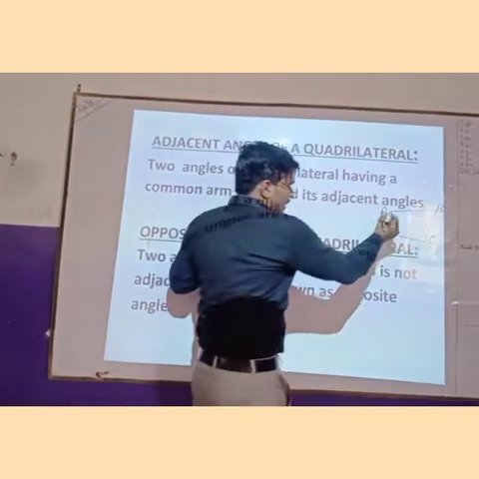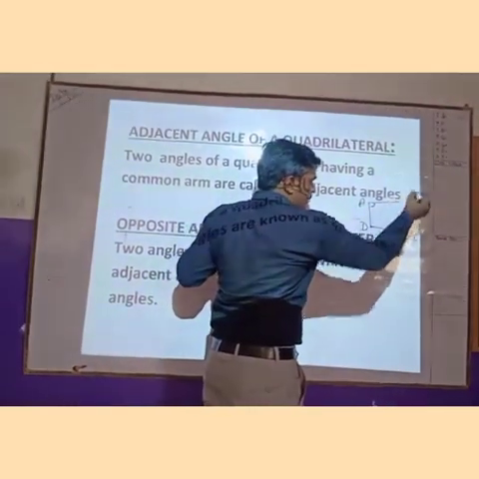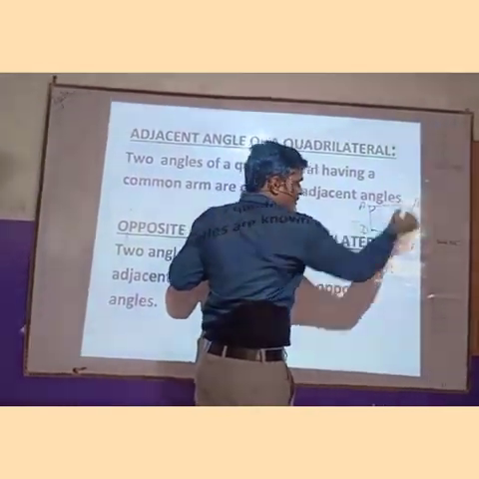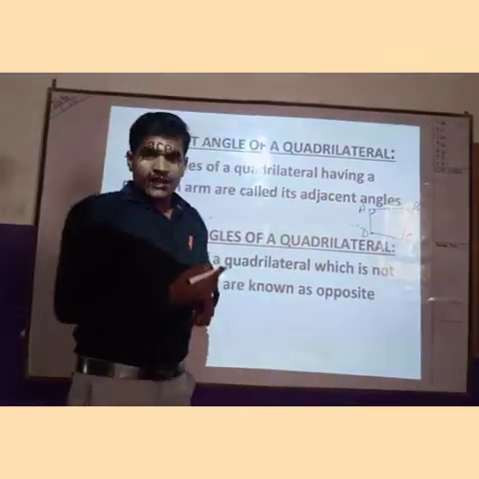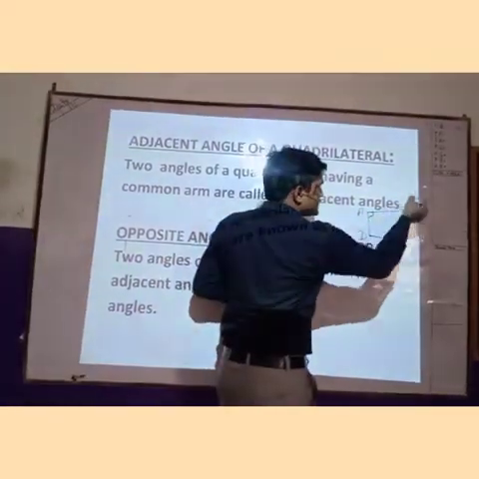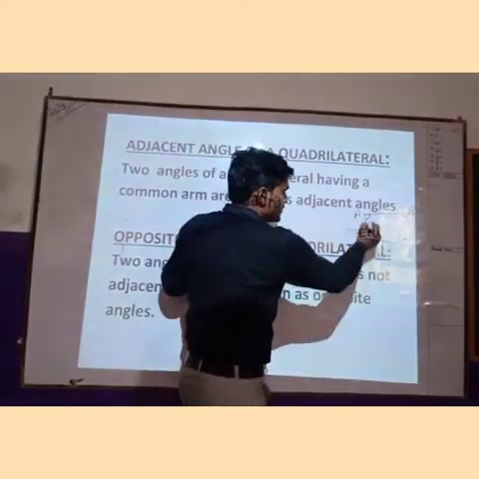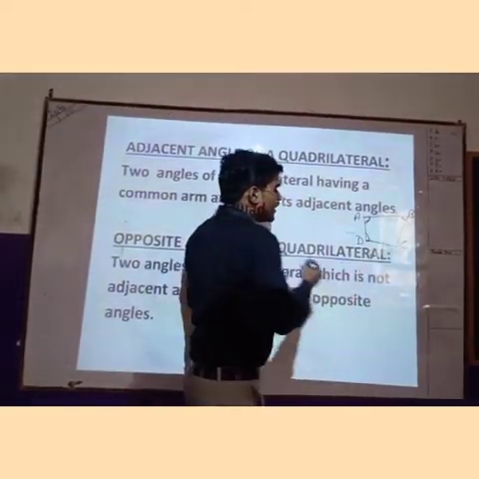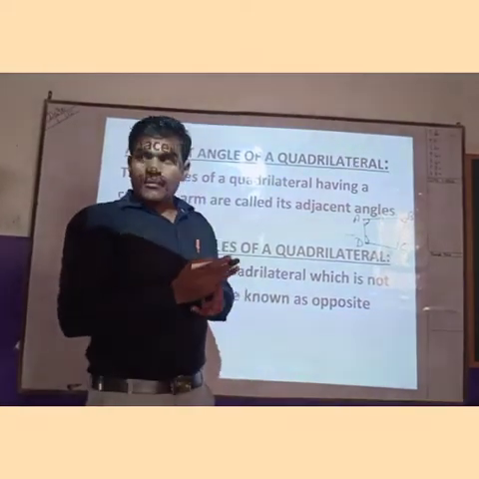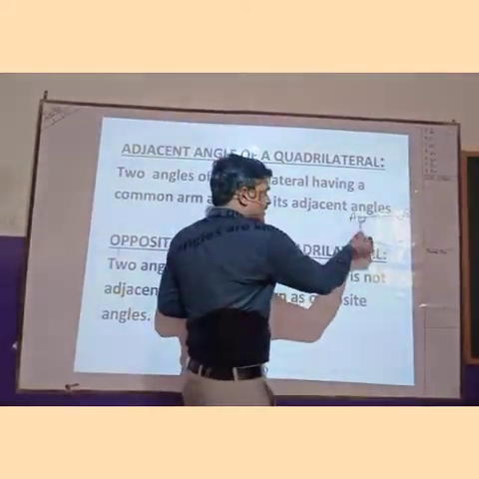So children, angle A and angle B are both adjacent angles because they have a common arm. Angle A and angle D are also adjacent angles because they have a common arm, AD.